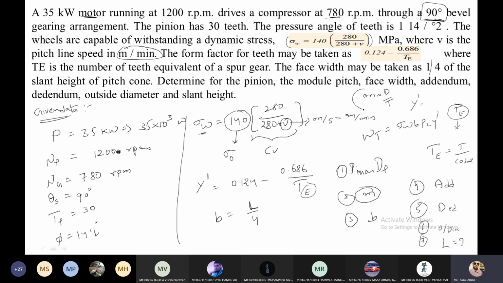Between these two, which equation is suitable for this question? I am taking the Lewis equation directly because the question itself mentions the additional parameters, the sigma w value and the y dash value. So that's the reason I am simply selecting this equation.